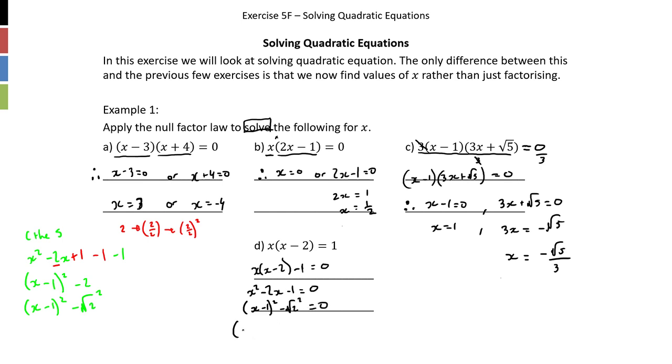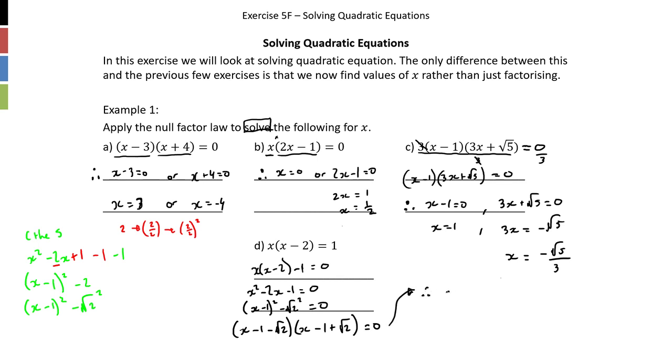So using the difference of perfect squares, if you haven't watched previous videos, you really need to. I'm not going to keep repeating that. x minus 1 minus root 2 bracket x minus 1 plus root 2 equals 0. So we're going to come over here.